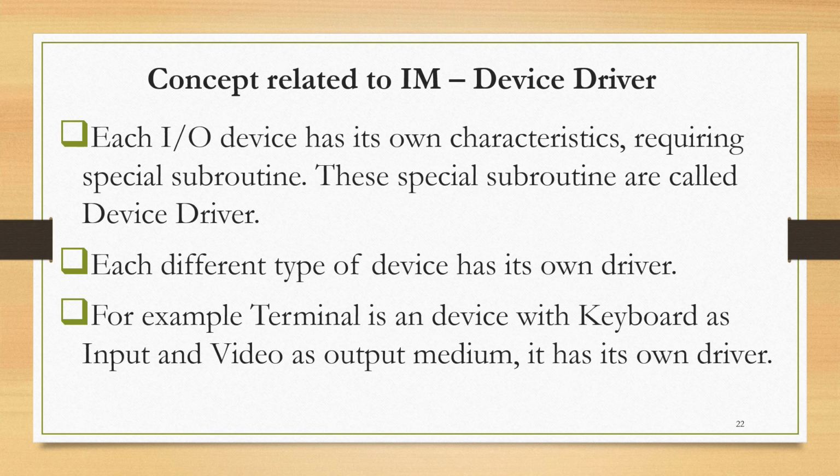Now there is the other aspect of the information management process. We have seen that the IM process does two major jobs: one is the file system, the other is device management. The file system we have seen. Now let us see what device management is. Whenever a device is added to a system, for that device to work we need a small program, small software.